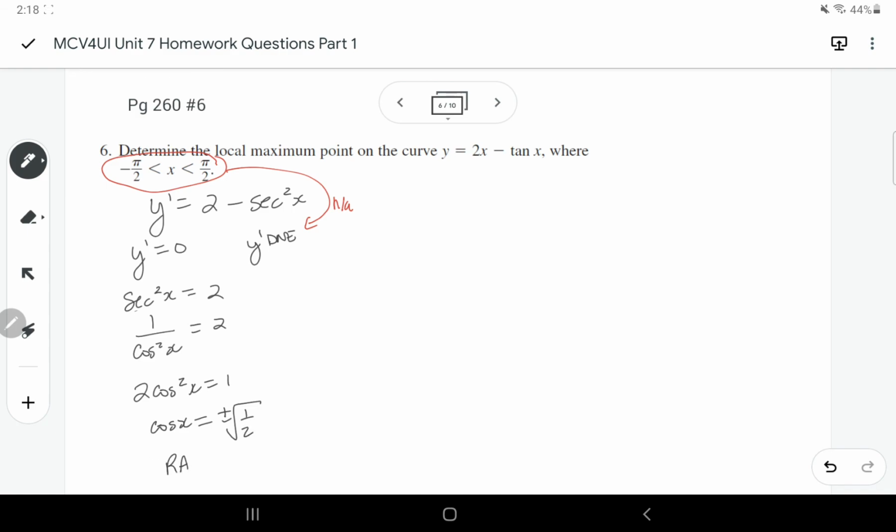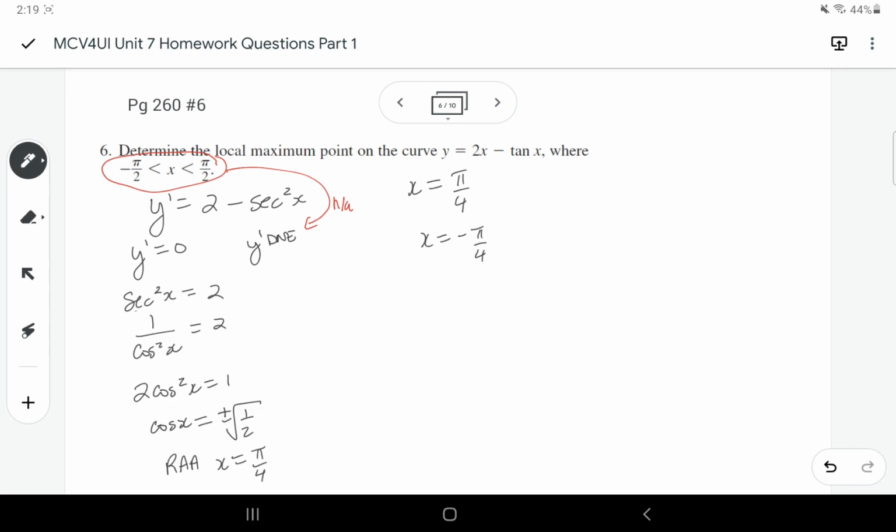So the related acute angle here would be x as pi over 4, and that would be plus or minus, so it could be in any quadrant. So we would check x is pi over 4 and x is negative pi over 4, because those are the only ones in this interval where that would occur. And I know the function is not defined at pi over 2 or negative pi over 2.